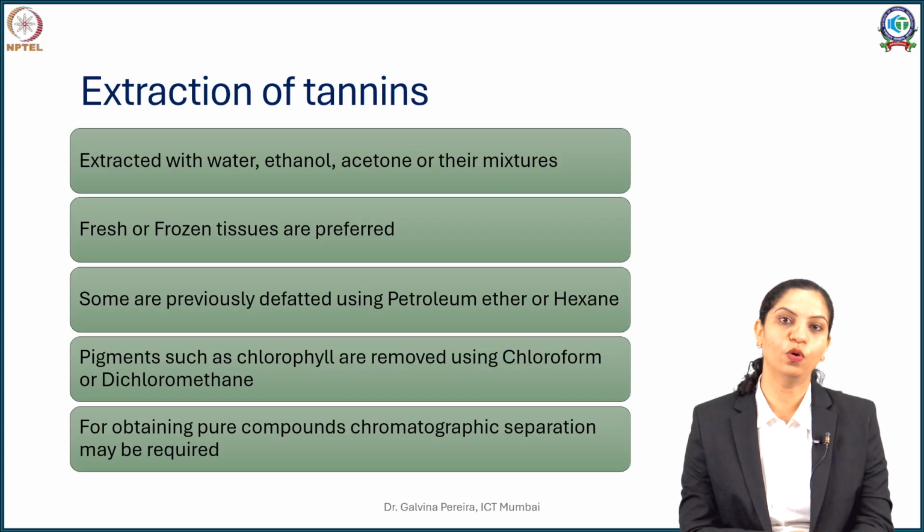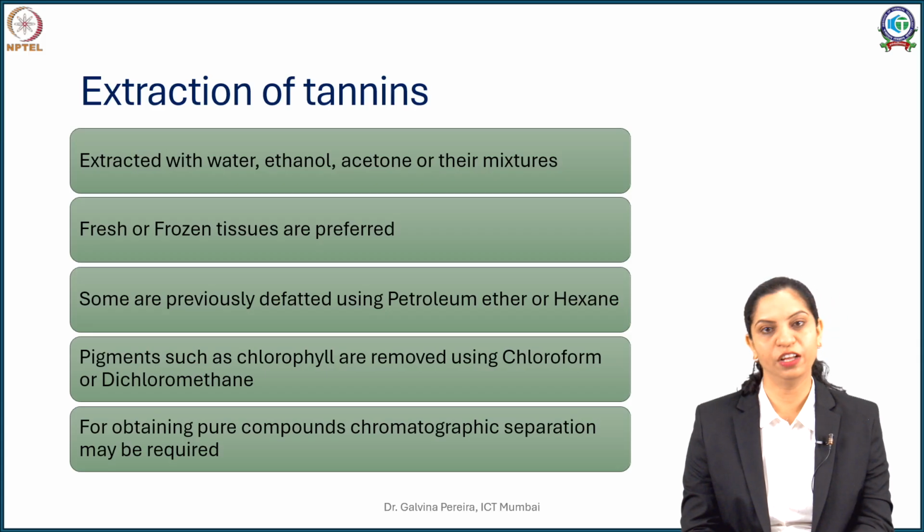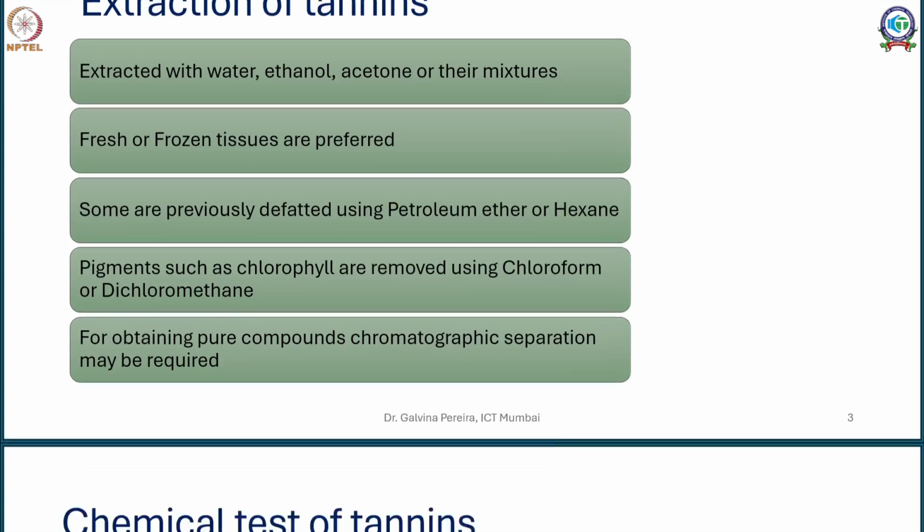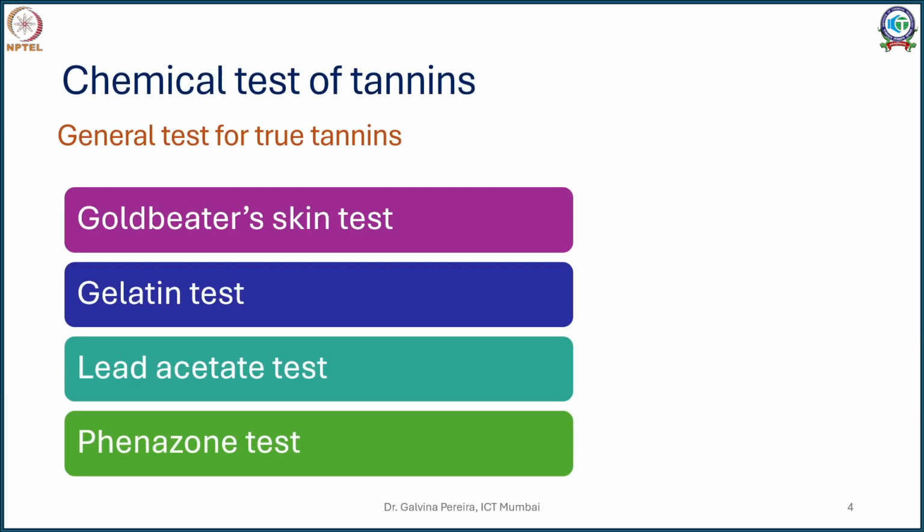Chloroform will dissolve the chlorophyll, and once the pigments are removed, the tannins can be easily assessed using colorimetric tests. Once you get the tannin extract, you can further purify it by subjecting it to different chromatographic separation techniques. Now, let's see how we assess them.